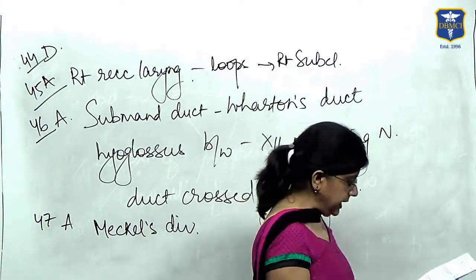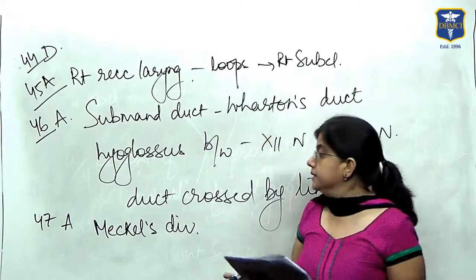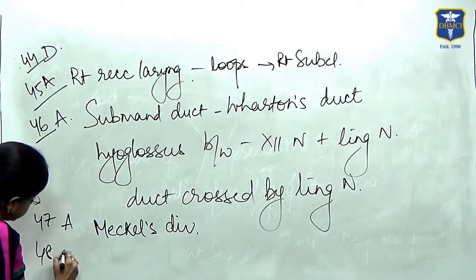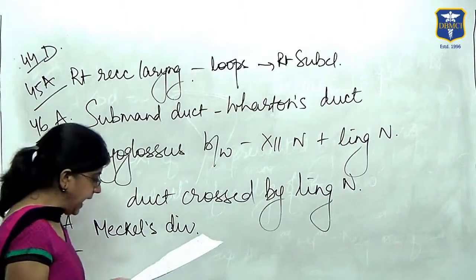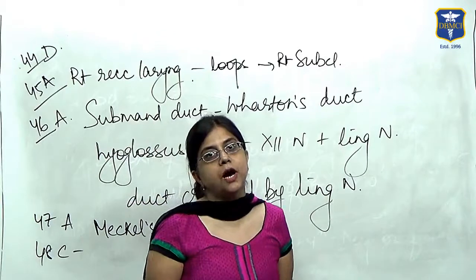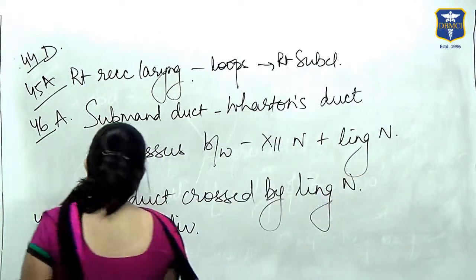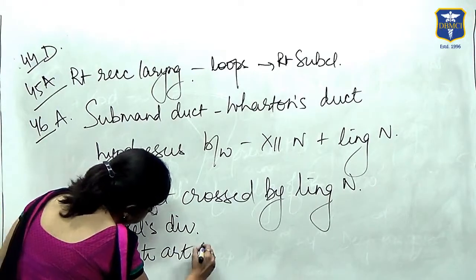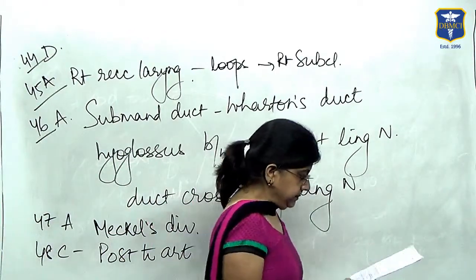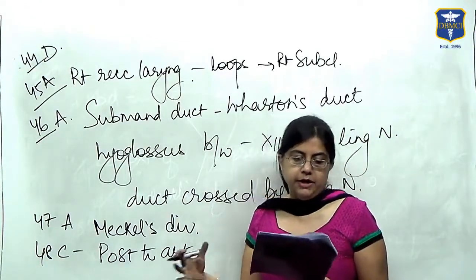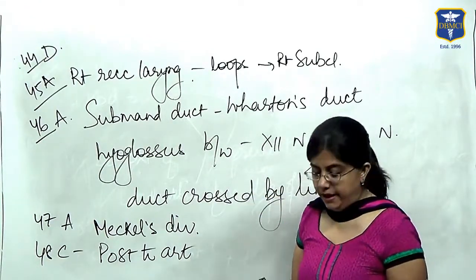Question 48. The answer is C. This is because this scalenus medius muscle lies posterior to the artery. Since it lies posterior to the artery, you don't have to cut it while exposing the artery.